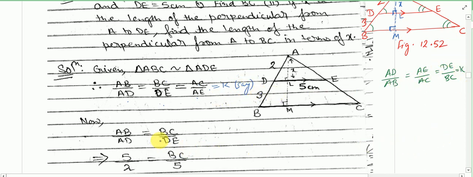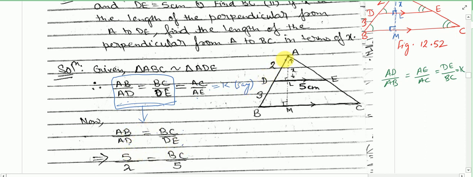Now here we are looking for BC, and we have been given AD and DB. So I shall use this much: AB upon AD is equal to BC upon DE.